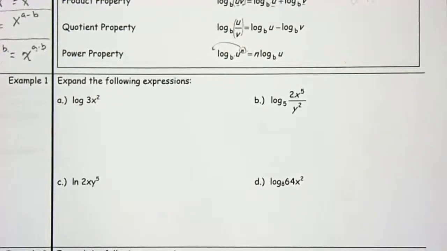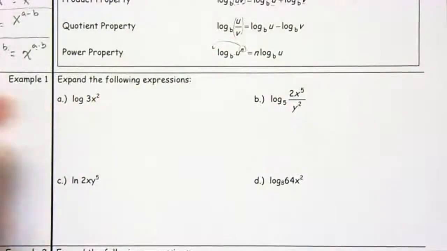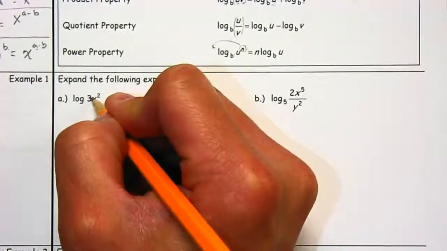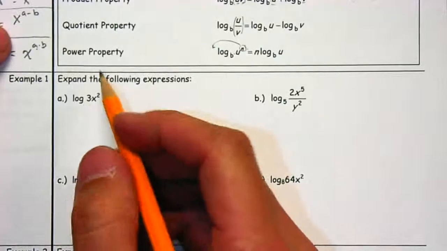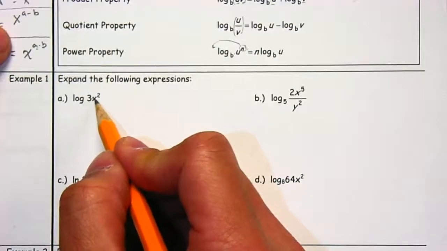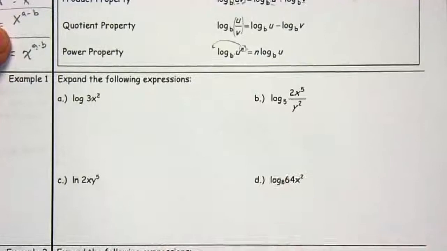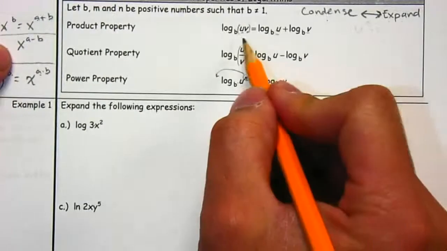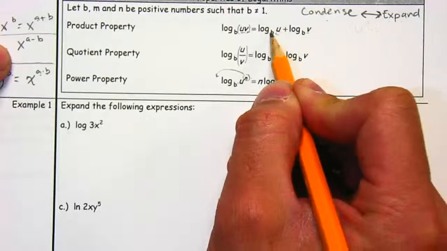So the first thing we see is I have a log base 10 if it's not there, and I have a 3 times x squared. So what I want to do is start applying these properties. Well, since I have a 3 times x squared, we can separate the 3 and the x squared into two separate logs by the product property. If I have two things being multiplied, I can separate them into two separate logs.